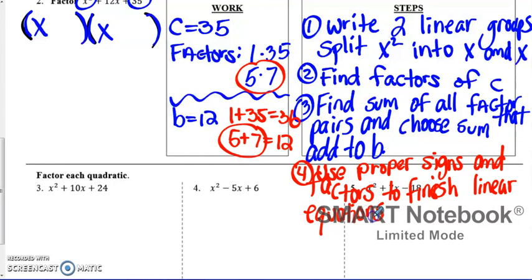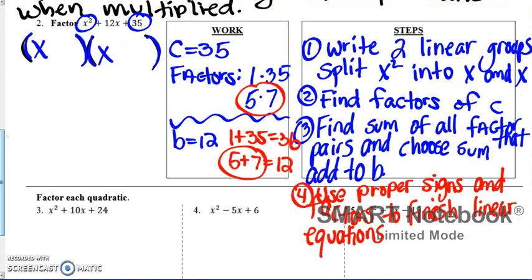So we found 5 and 7. Yesterday we talked about the fact that since the constant is positive, my two signs here have to be the same. And because the middle term is positive, my two signs have to both be positive, so that the two numbers will add up to a positive B term. So plus 5 goes in one group and plus 7 goes in the other group.